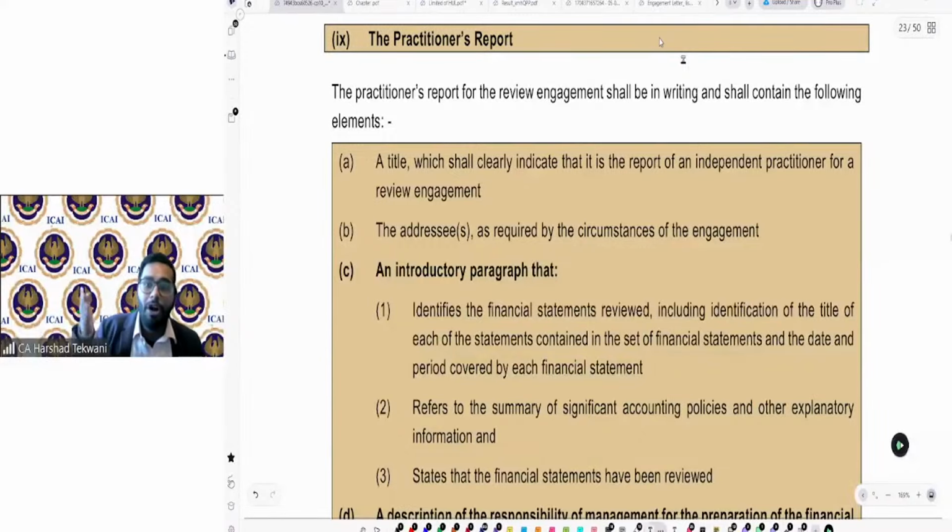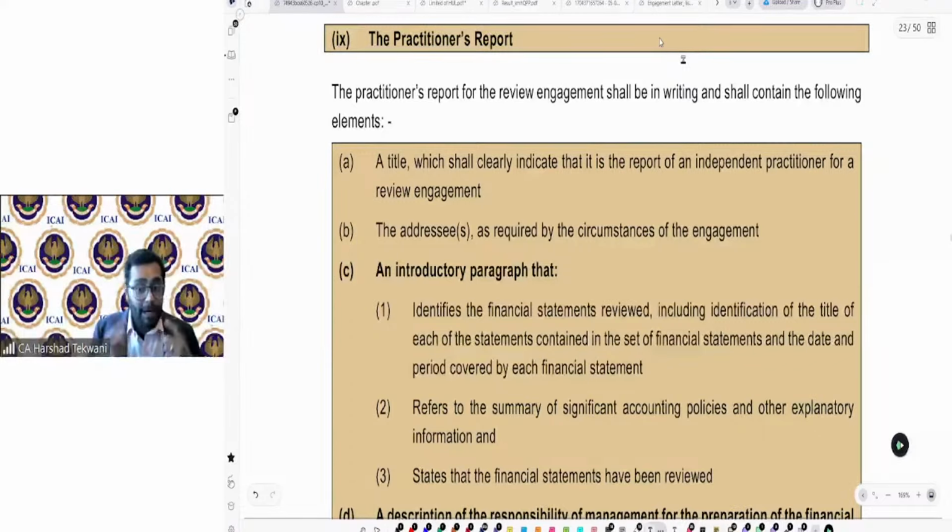That's why unmodified conclusion, unqualified conclusion. We are using the word conclusion with qualified, unmodified, or modified. So when I say qualified conclusion, it means we have reached a conclusion that there is something which is leading us to believe that financial statements are materially misstated.